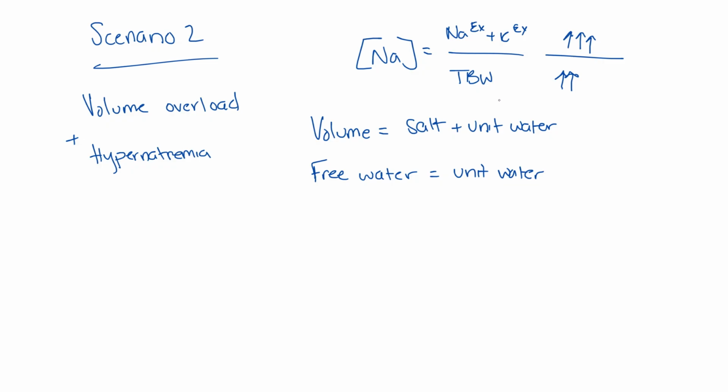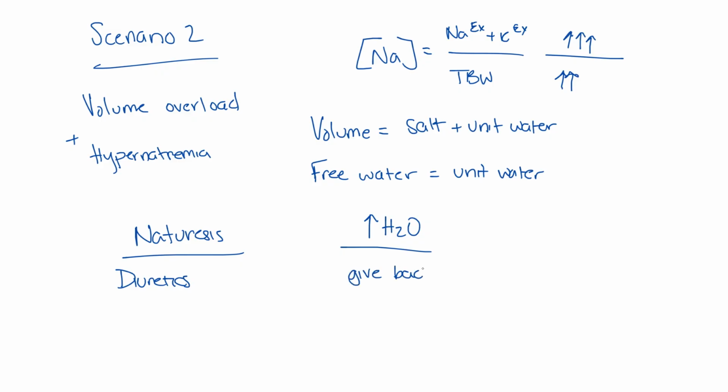Rather, you should split them up into the goal of natriuresis and increasing their total body water. Okay? How do we do this? We just add diuretics. Do it aggressively.